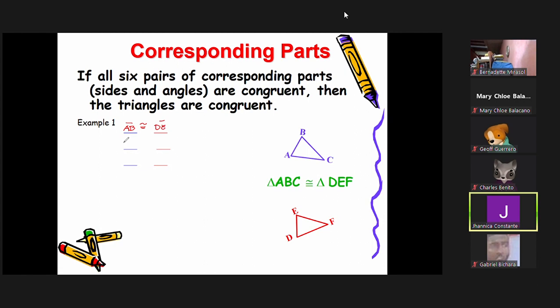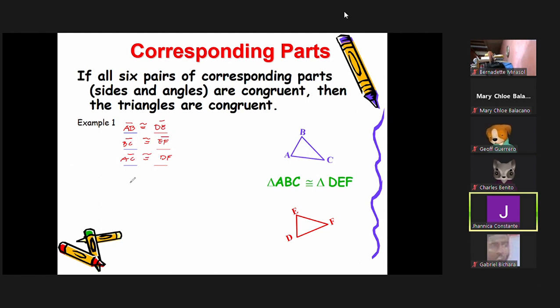Side BC is congruent to side EF. Side AC is congruent to side DF. Okay, that's the pairs of corresponding parts based on the sides.